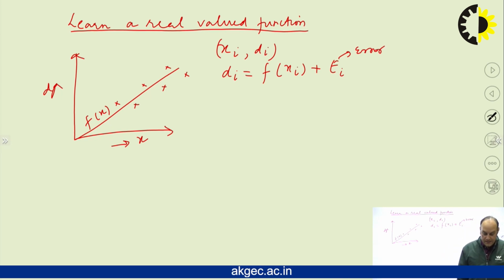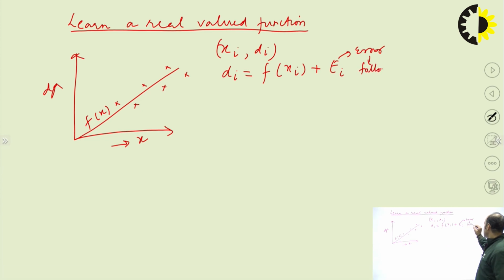This epsilon i is the error. We assume that this error follows a normal distribution. What does this mean? Normal distribution.